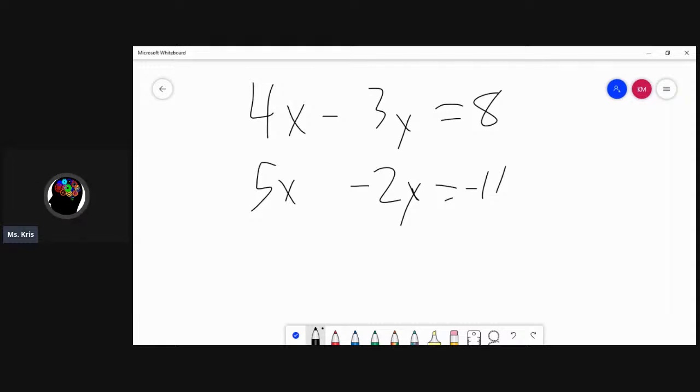Now the question is, will you be eliminating your x or will you be eliminating your y? I personally would recommend you always eliminate the common factor between the two. So 4 and 5, its common factor is 20. 3 and 2 common factor is 6.